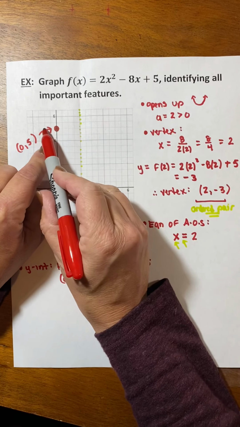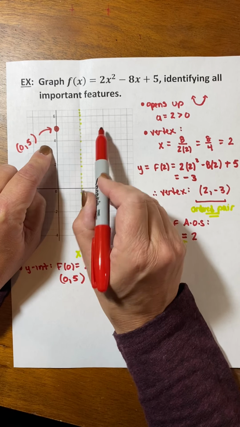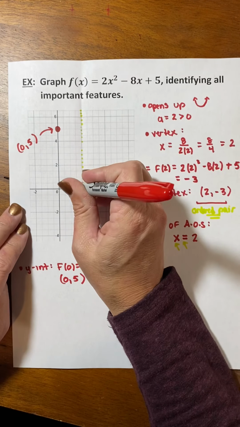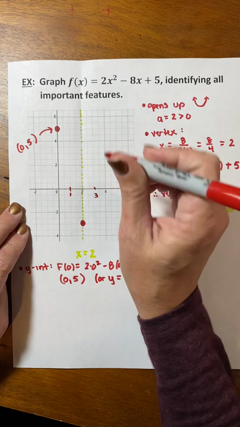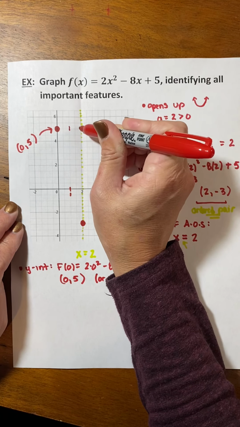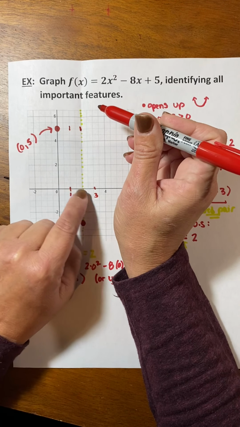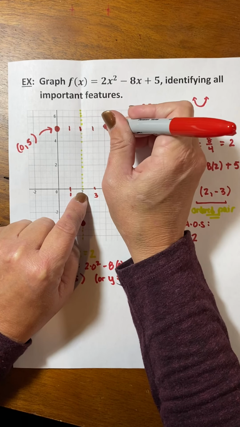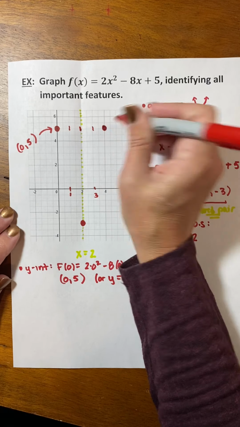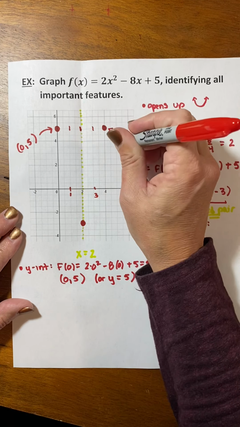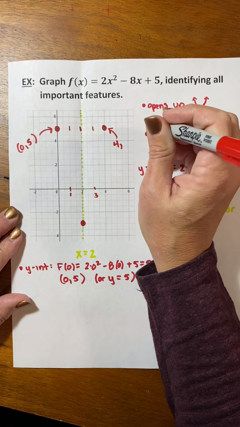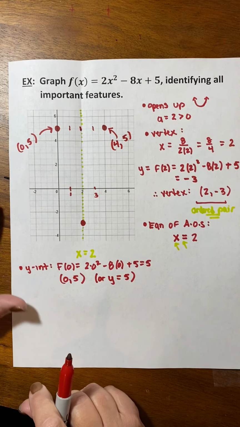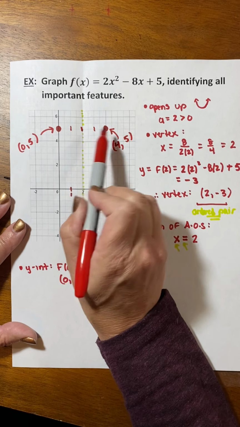So it's going to be the same height as 5, because when I fold it on this line, it wants to overlap. And notice, here's 1, here's 3. So this is 2 steps away from the axis of symmetry. So the point 2 steps away to the right is going to be this guy's buddy point. So automatically I know that the point 4, 5 is another point on this graph without using the equation at all, because I know it has to have a matching point.